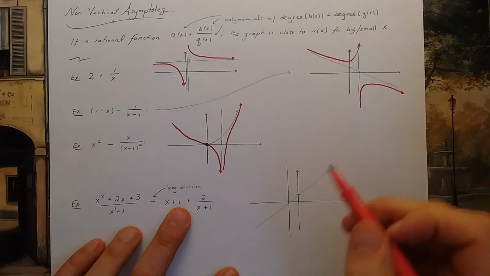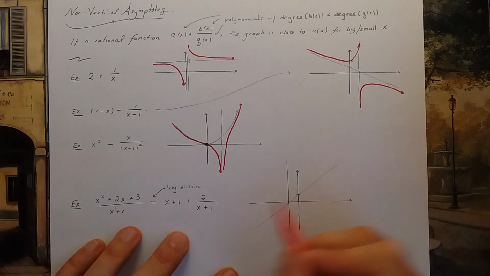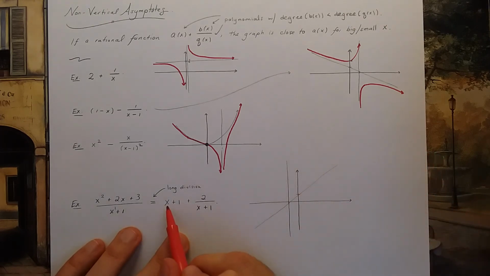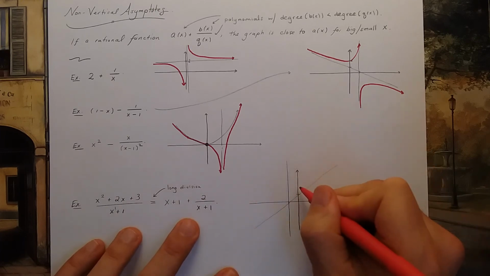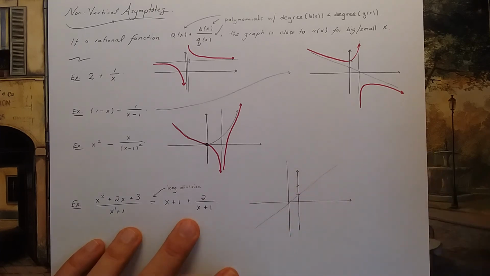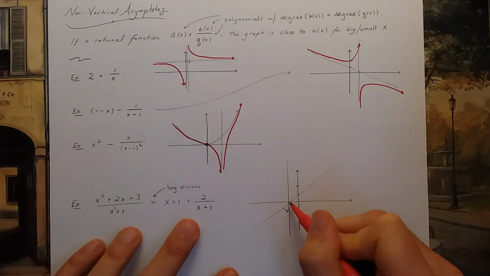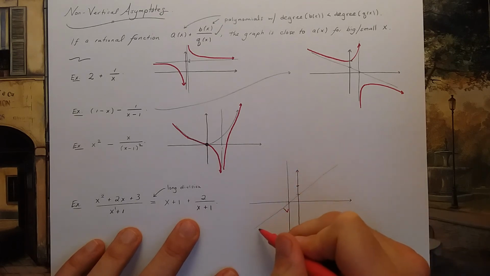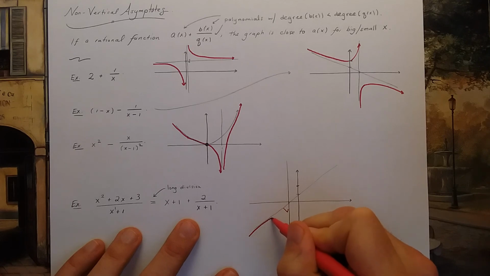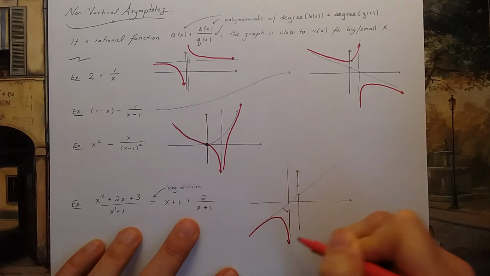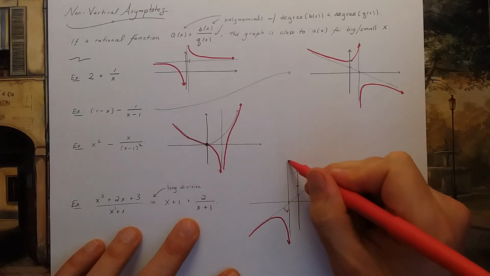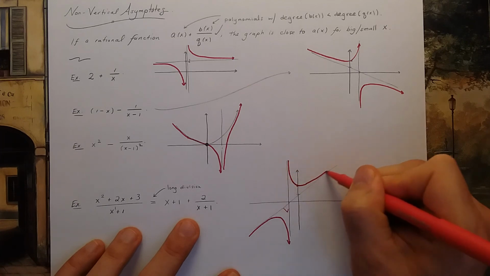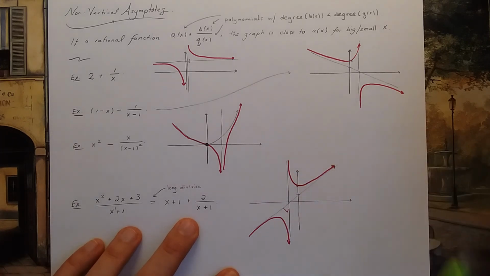Those are my guidelines. I can plug in certain values. So for example, if I plug in x equals 1, I get a positive number, meaning I'm up here on the graph. I can plug in a number a little bit less than negative 1. That would help me determine the overall location, but I think in this picture, I'd get something that looks like this. Okay, wonderful.